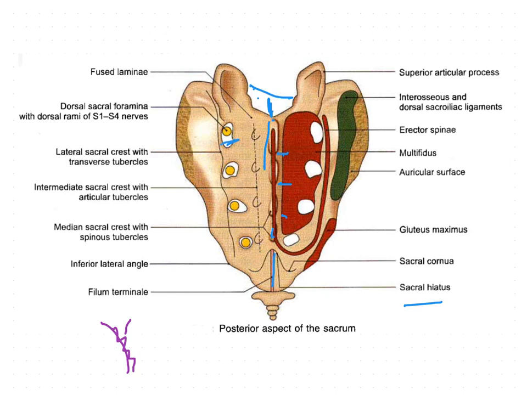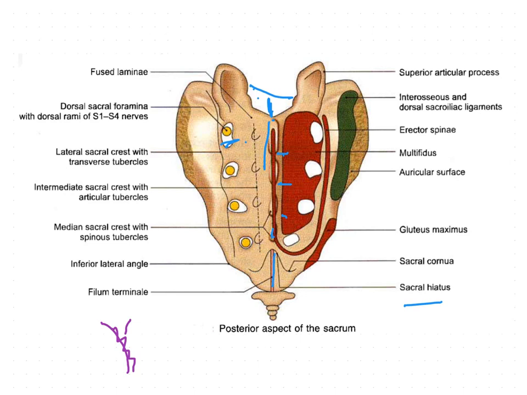Anteriorly, in the pelvic view, it allows for the passage of the ventral rami, whereas this foramen helps in the passage of the dorsal rami of the spinal nerves. So these communicate with the sacral canal through the vertebral foramen and transmit the dorsal rami of sacral nerves. This is about the dorsal sacral foramen. These are 4 in number, lying on each side of the median sacral crest.